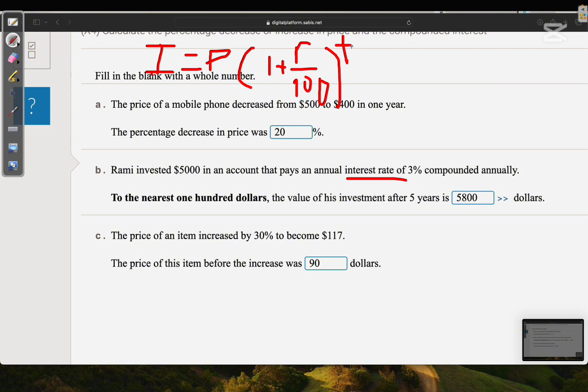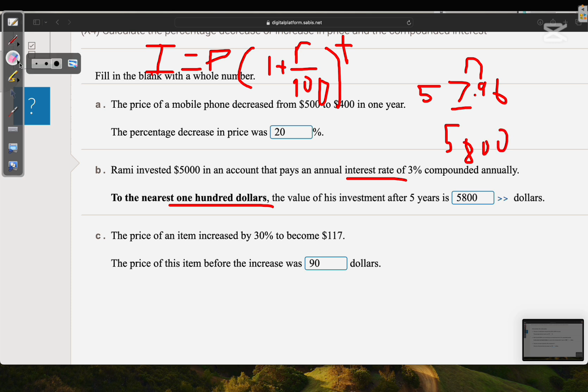So 5,000 times 1 plus 3 over 100 to the power of 5. That will give us 5796. Since they asked for the nearest $100, we're gonna round it to the nearest 100, so it's 5,800.